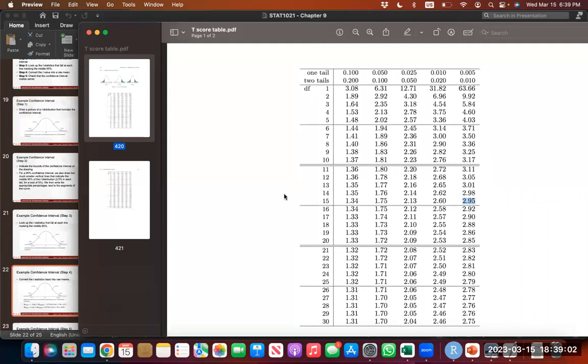Also of note, somebody actually asked me a question about the distinction between an alpha level and a p-value or a p-level. Strictly speaking, an alpha level and a p-level or p-value is not the same.